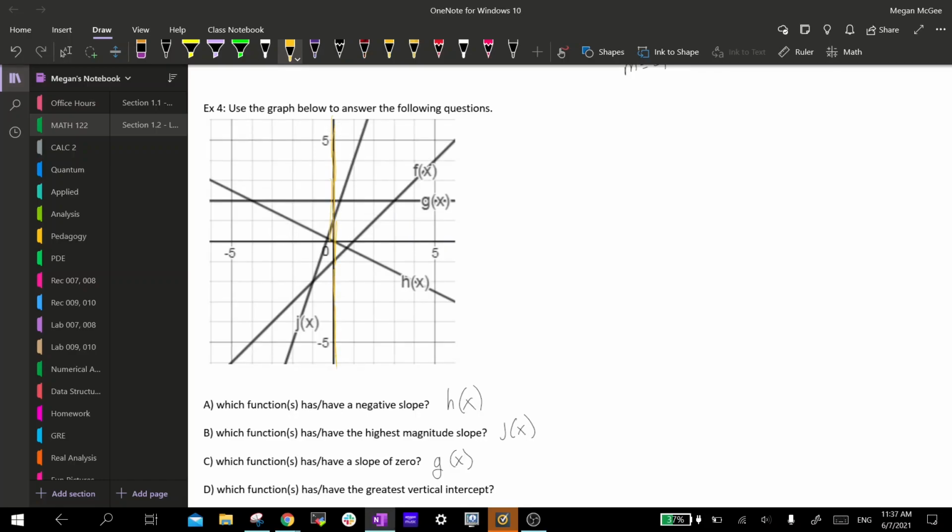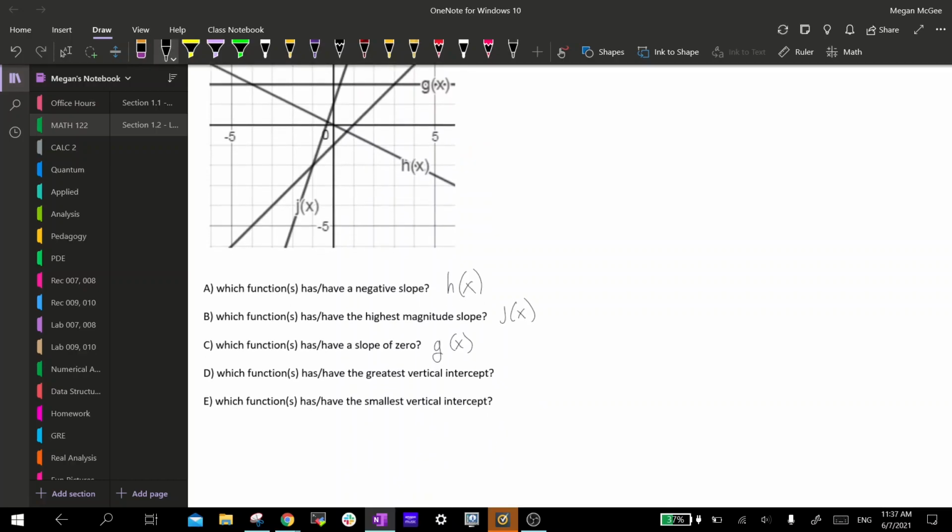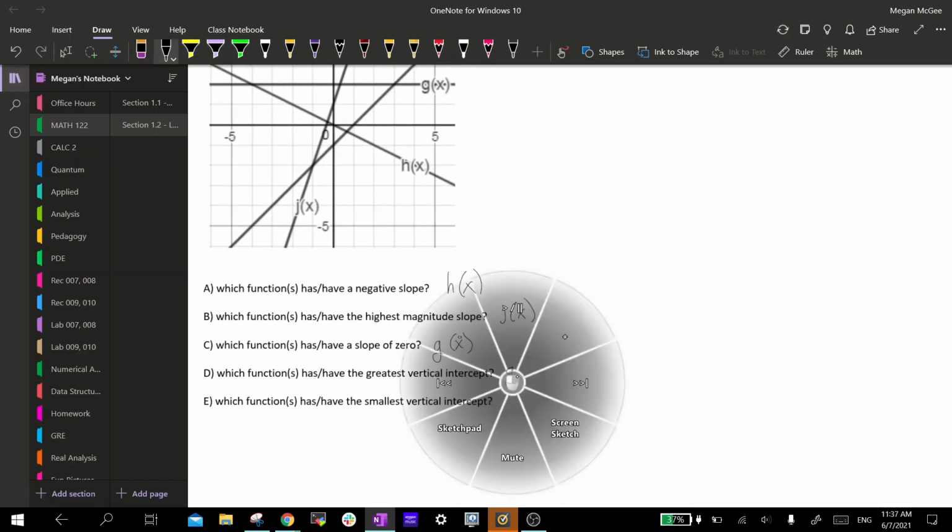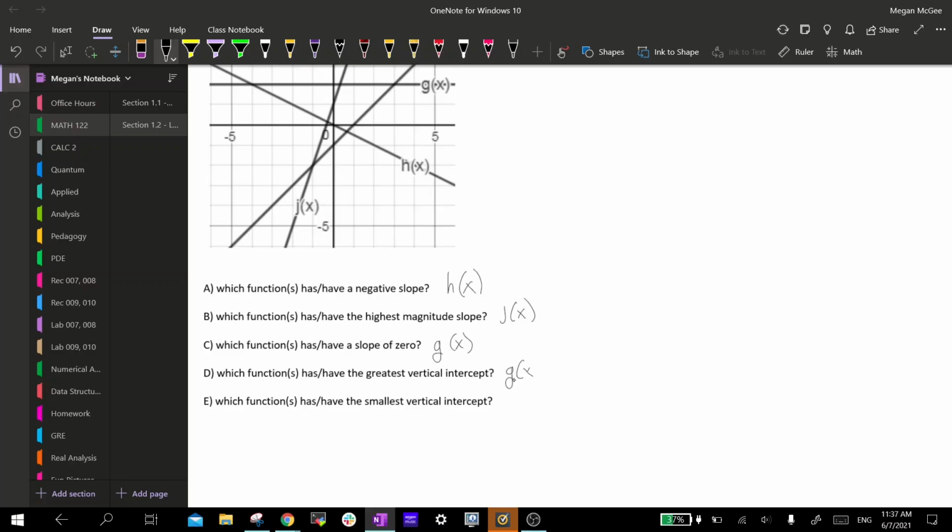And we want to see what function seems to cross it at the highest point. And it looks to be right here is the highest point that anything crosses it. And, well, that's our g of x again. All right. So g of x has the highest vertical intercept.